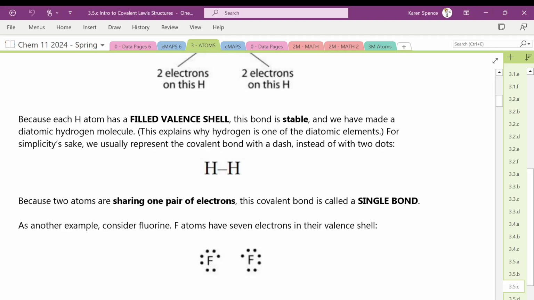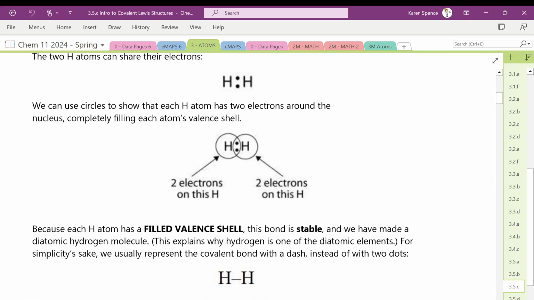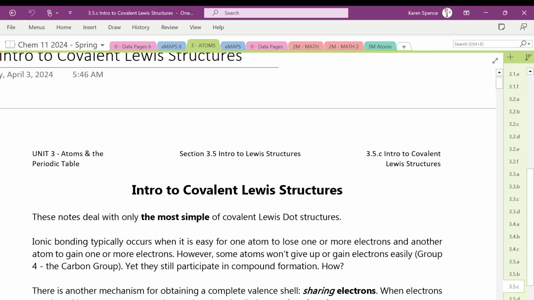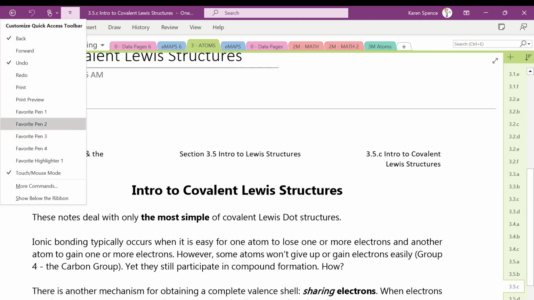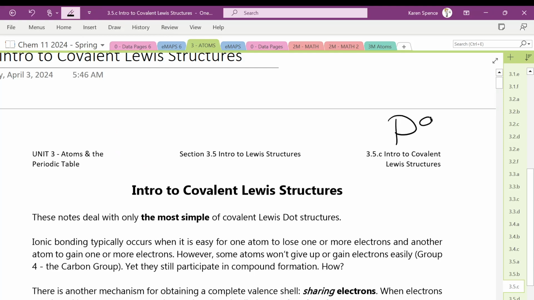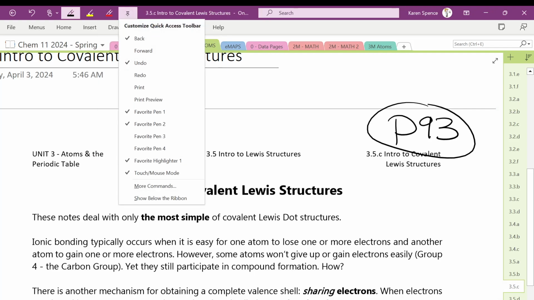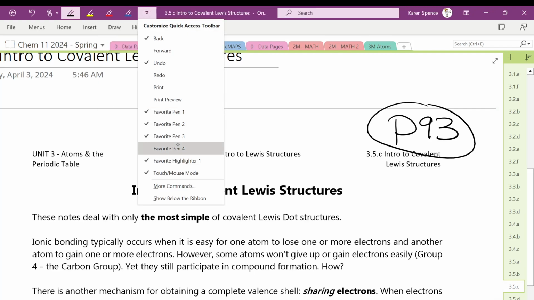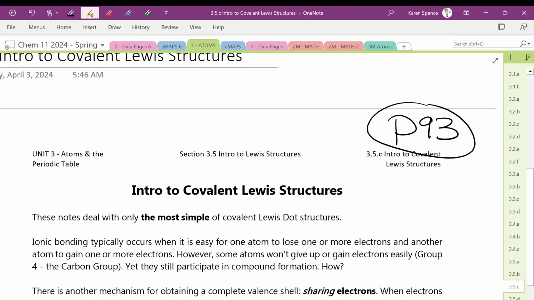All right, my lovelies, we are on page 93. Okay.